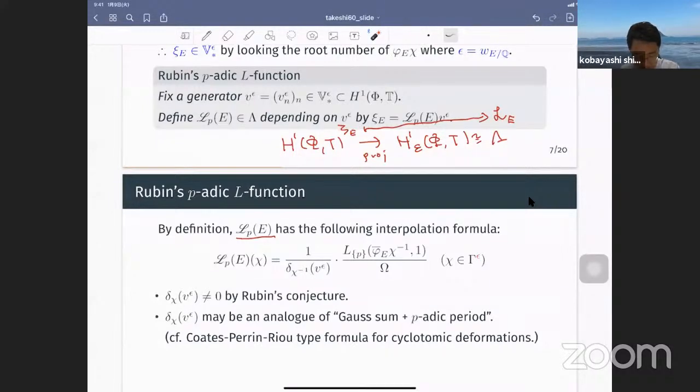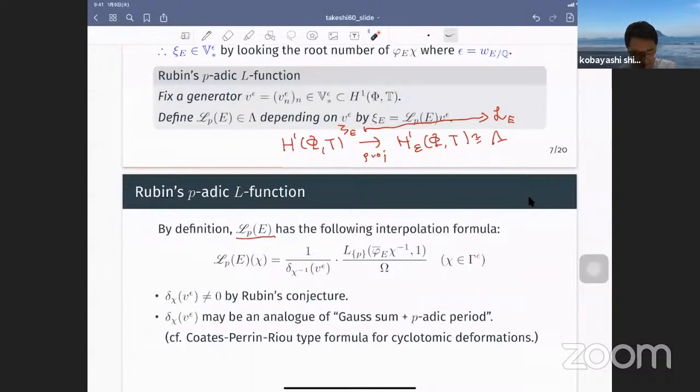And we have a general conjecture. In the cyclotomic deformation, we have a general conjecture of the p-adic L-function, and at least conjecturally, we can guess the interpolation formula. But in the non-cyclotomic, non-Panchishkin case, we actually don't know an explicit interpolation formula of the p-adic L-function, even conjecturally.